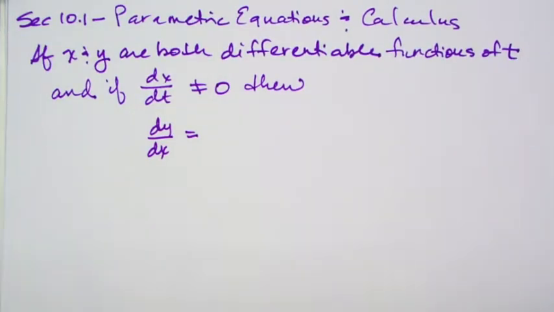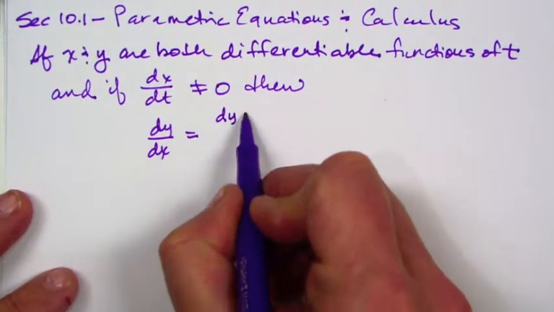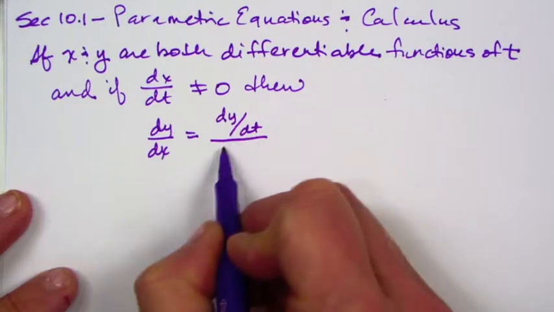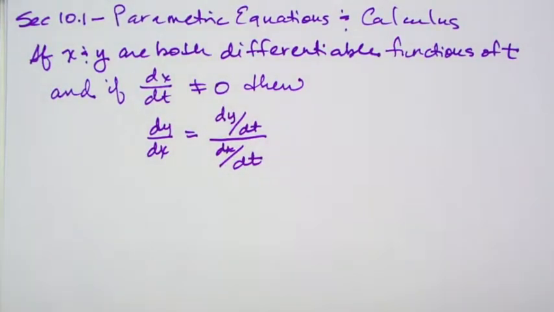You guys gave me this just a minute ago. dy/dt over dx/dt, right? And that's because if I went through the process of multiplying by the reciprocal, the dt's would cancel out.